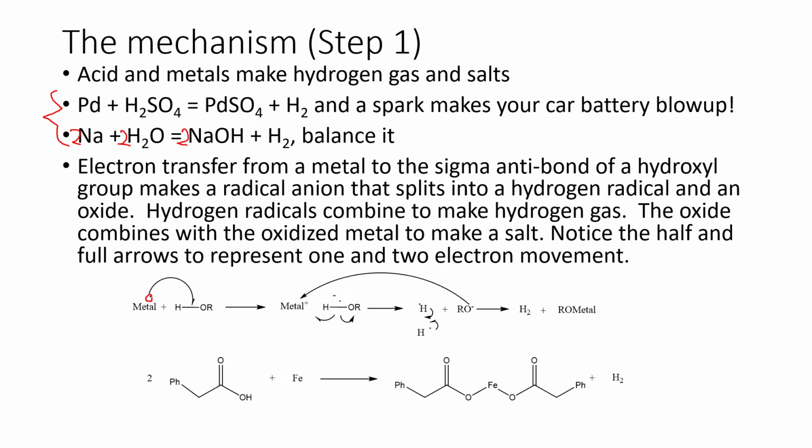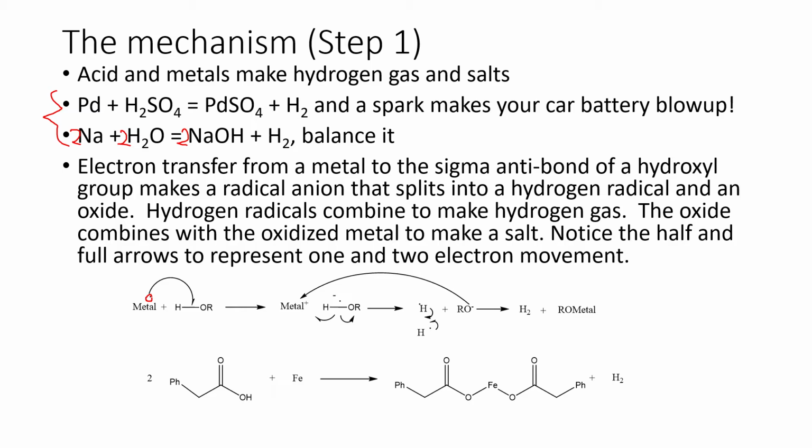So let's go over that here with the actual reaction. The metal donates a single electron into our hydroxyl group. This radical is given to the hydrogen, causing them to split, and we get a radical hydrogen as well as our oxide group.